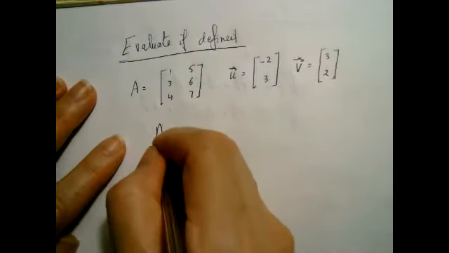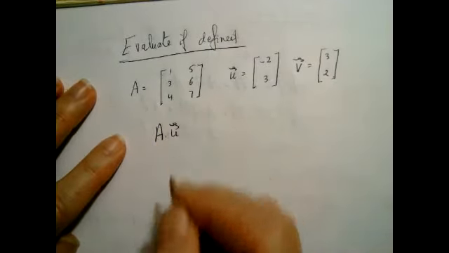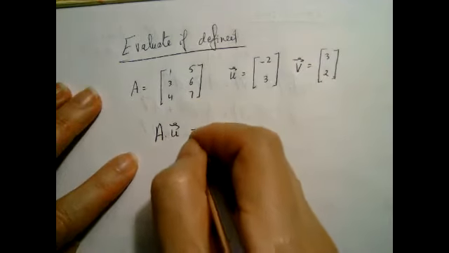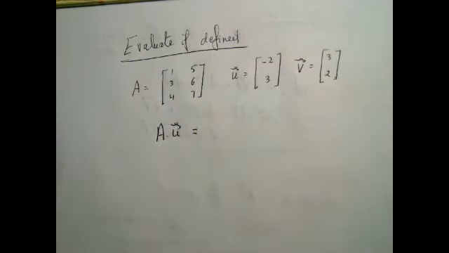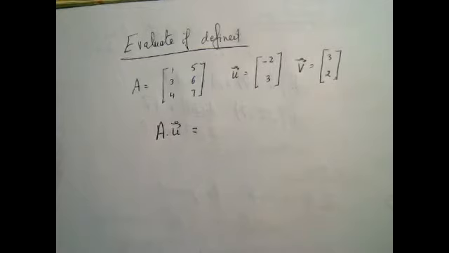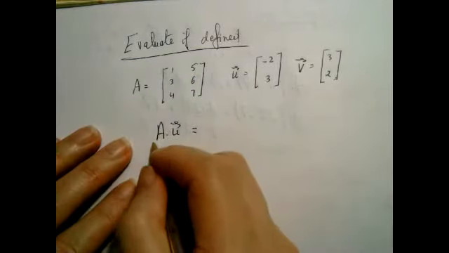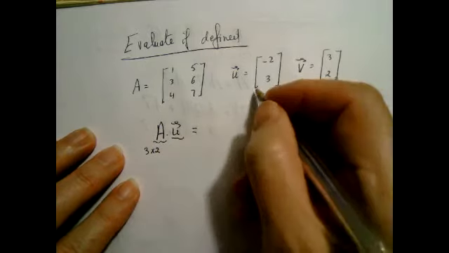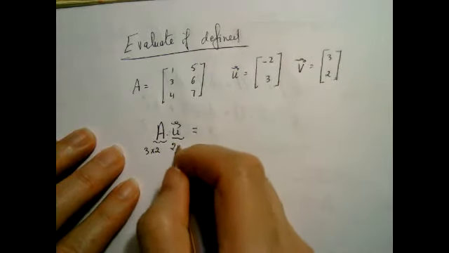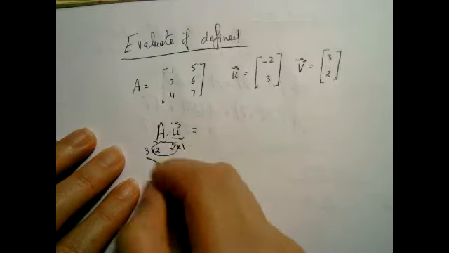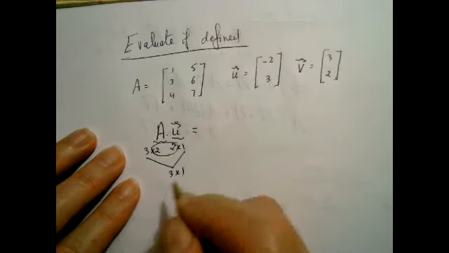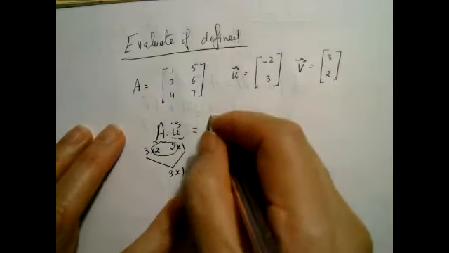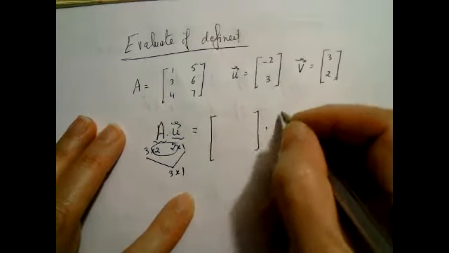A times U, is it defined? I always analyze before I start multiplying. A is a 3 by 2, and this is a 2 by 1. Definitely defined, and the result is a 3 by 1 matrix. We've done this before, so I will not do that.